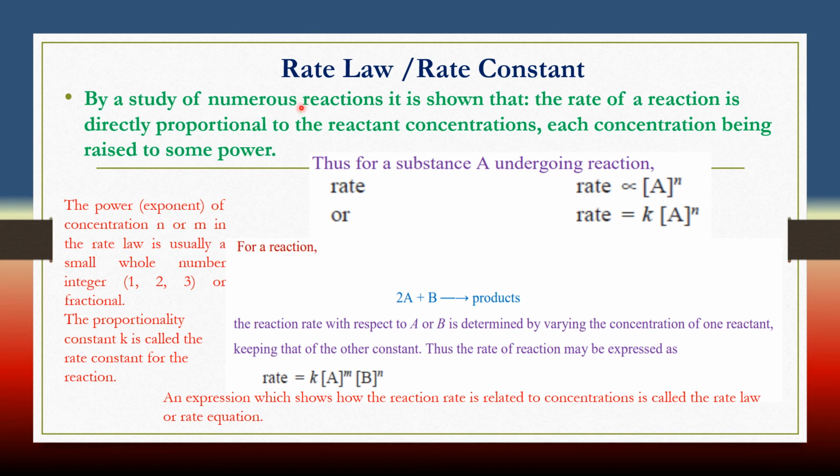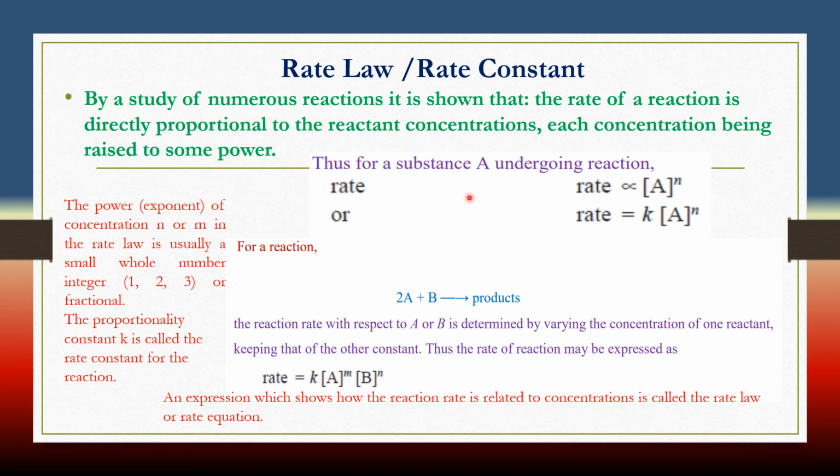Now we are going to talk about the rate law and rate constant. By studying numerous reactions, it is shown that the rate of reaction is directly proportional to the reactant concentration, with each concentration raised to some power.